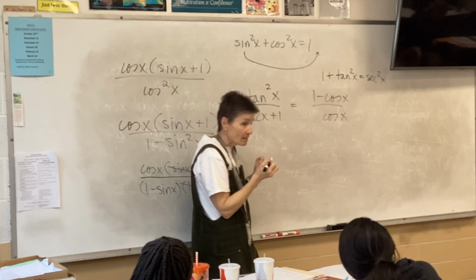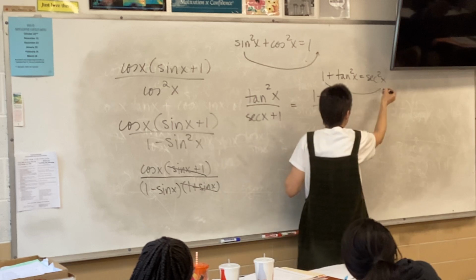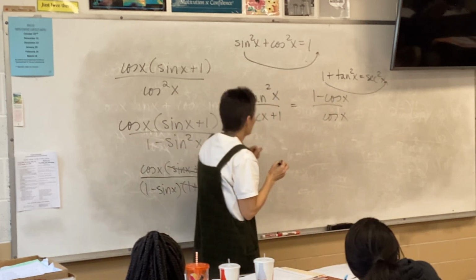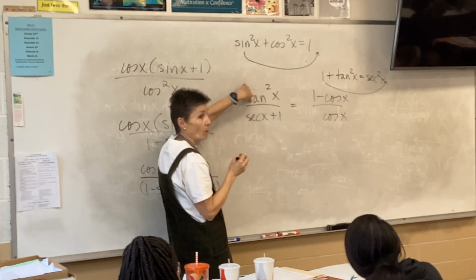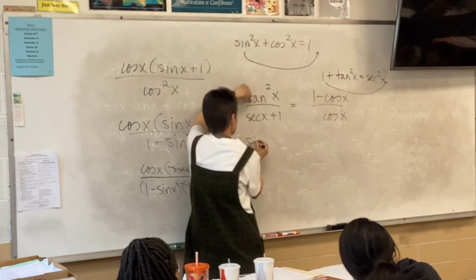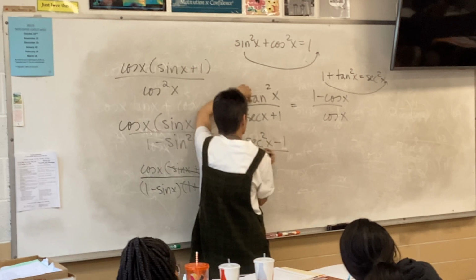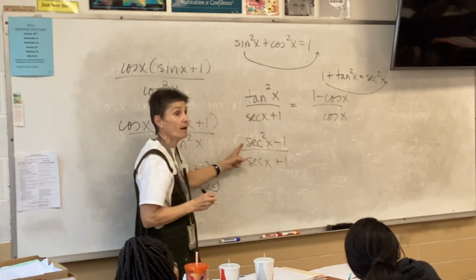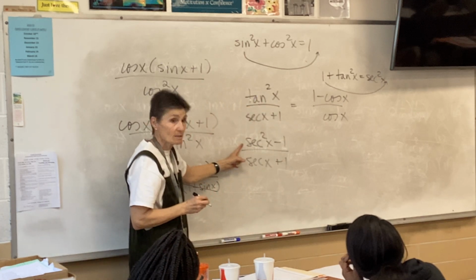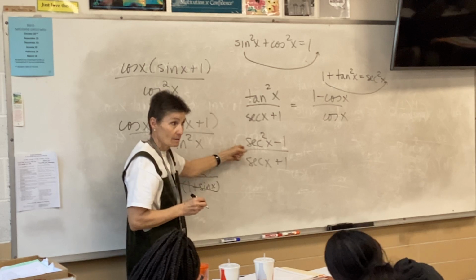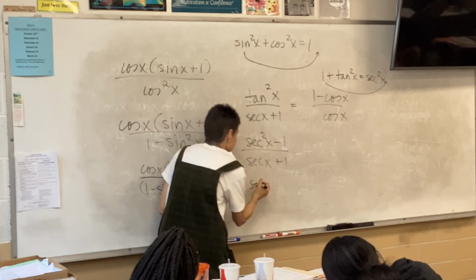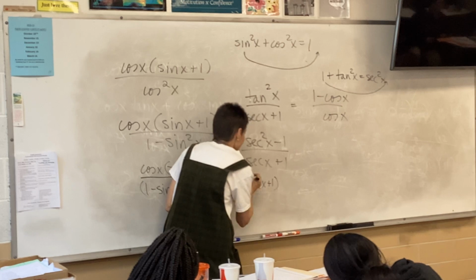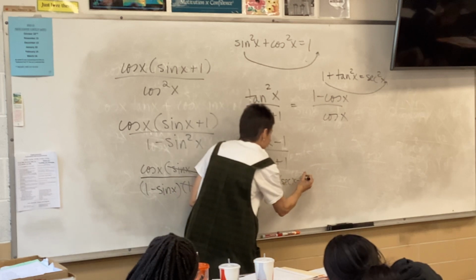Are you seeing it? So if I move this 1 over here, what does tangent squared equal? Secant squared minus 1, which is the difference of squares. So that's secant plus 1, secant minus 1.